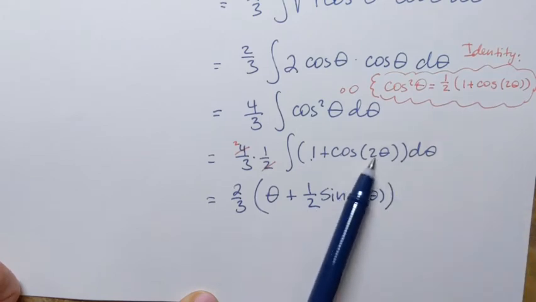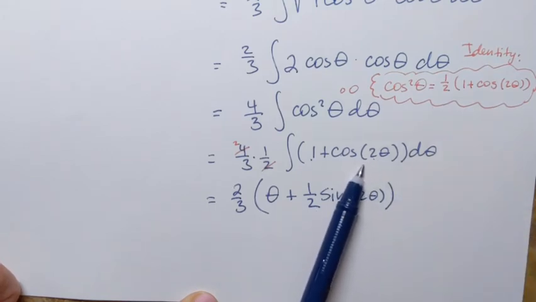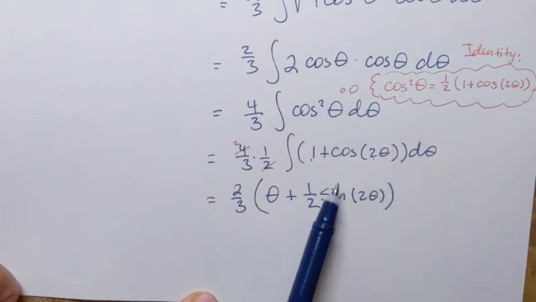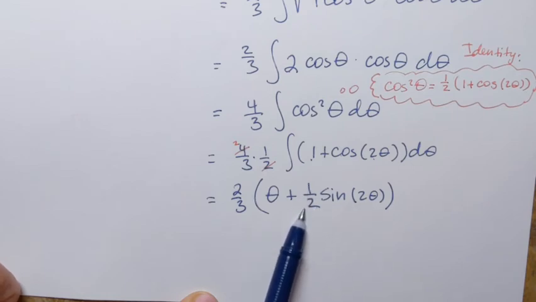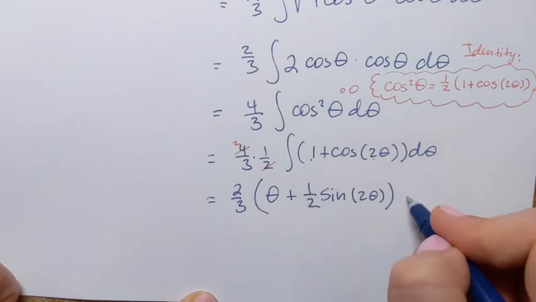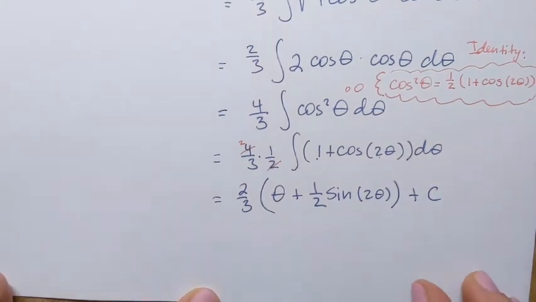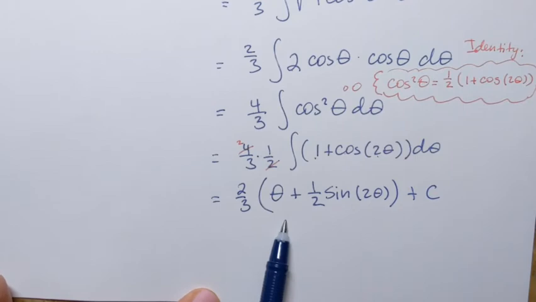Now, if you're not sure how to deal quickly with 2 theta, it's just the basic substitution rule. You can let u be equal to 2 theta and go from there, but the only thing that you're going to get extra in this case is the coefficient 1/2, plus c. So that's the result.